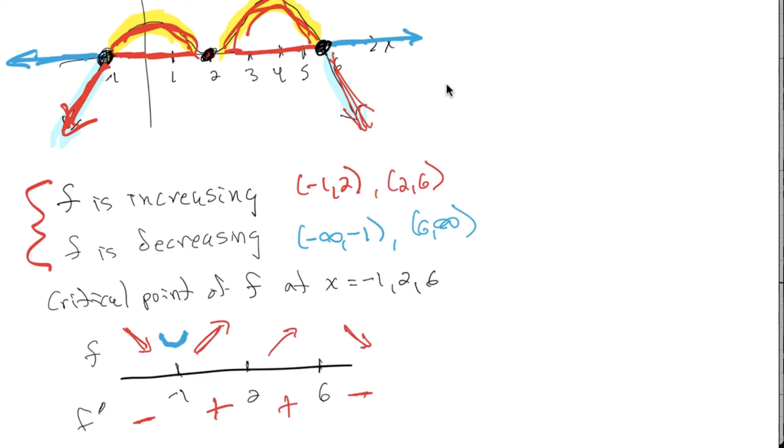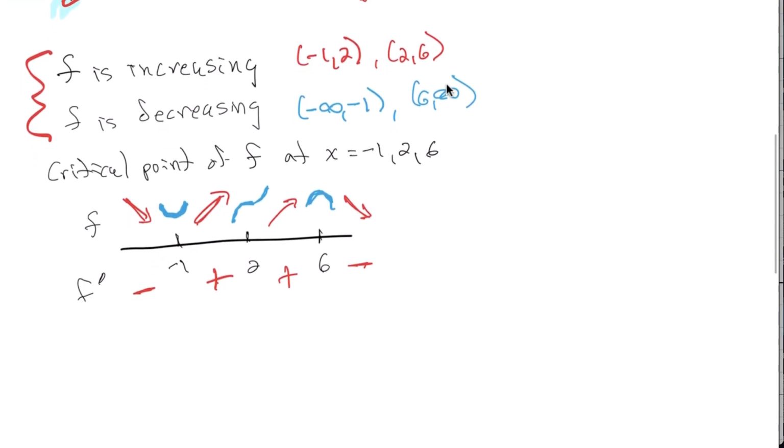At x = 2, we increase, we have a critical point, a horizontal tangent, and then we increase again. So there's no max or min value. At x = 6, we increase and then decrease coming out of that point. I'd like to draw my little visual graph here so I can identify specifically where my local min and local max values are.